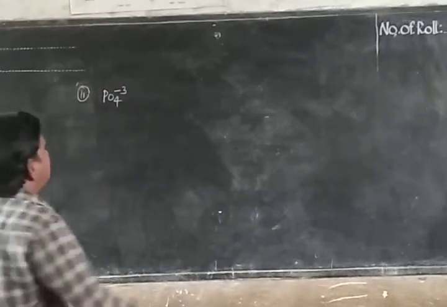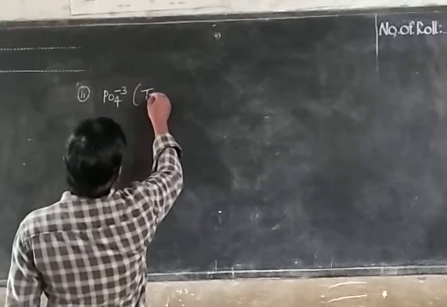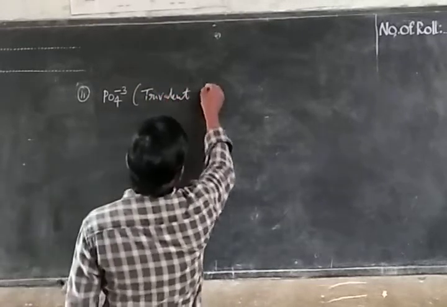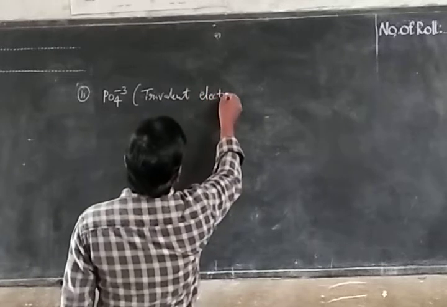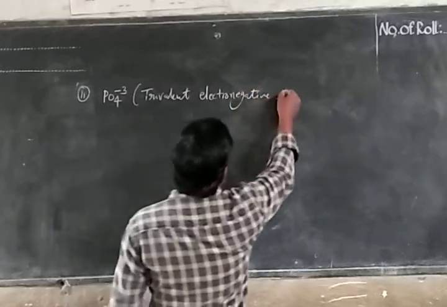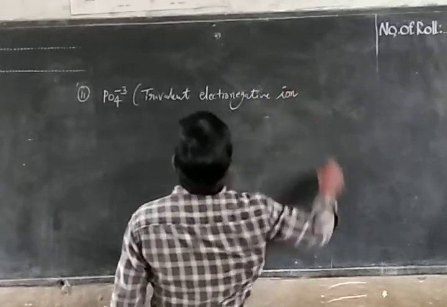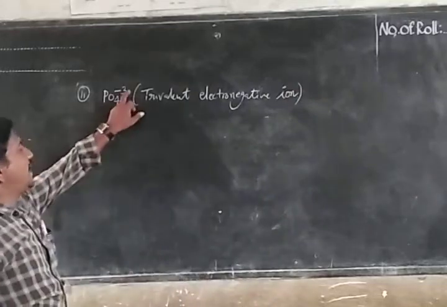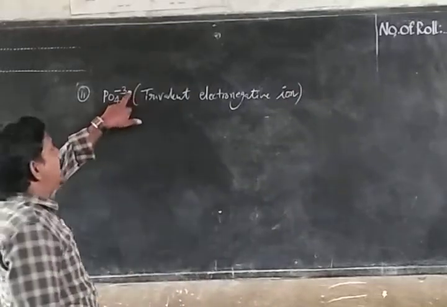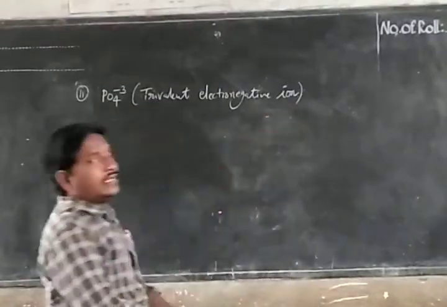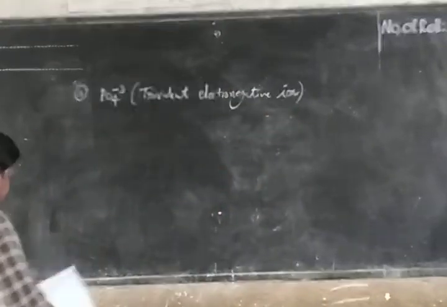PO4 minus 3 is a trivalent electronegative ion. PO4 minus 3 is trivalent electronegative ion.